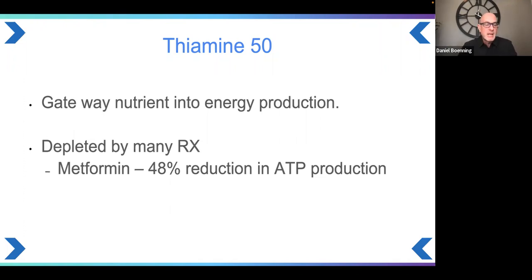Here's an interesting little study he put in his book. Depleted by many prescriptions. Here's an example. Metformin, your type 2 diabetic drug, 48% reduction in ATP production. That is a massive drop of energy production on one drug.